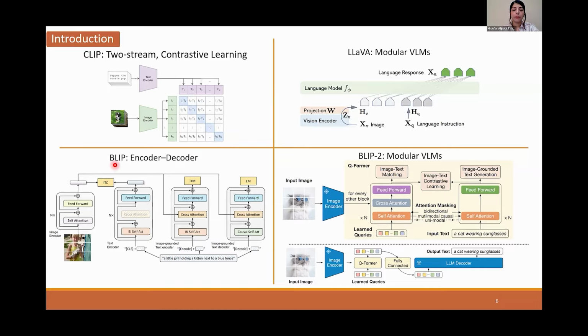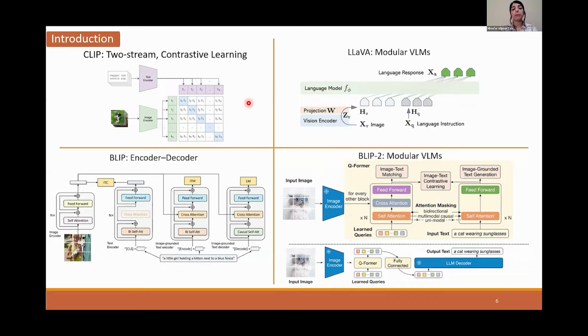Here you can see BLIP. BLIP is an encoder-decoder VLM. As you can see, we have image text contrastive loss here that is similar to what we have in CLIP, image text matching and language modeling loss. So we have encoders and a decoder.